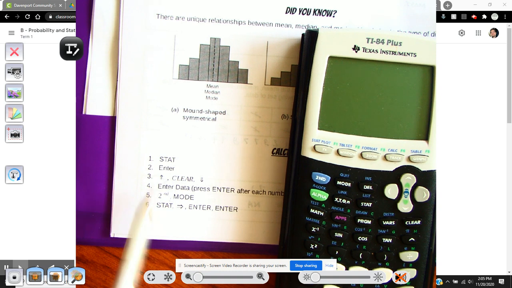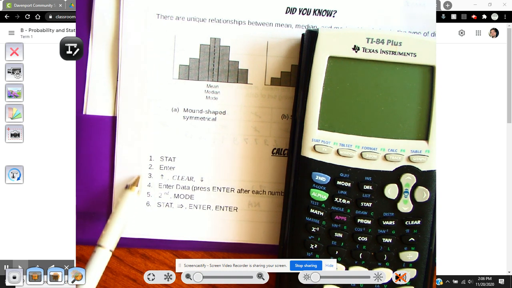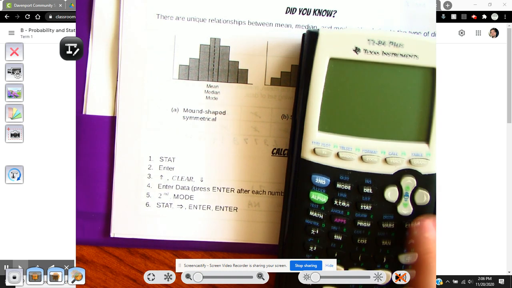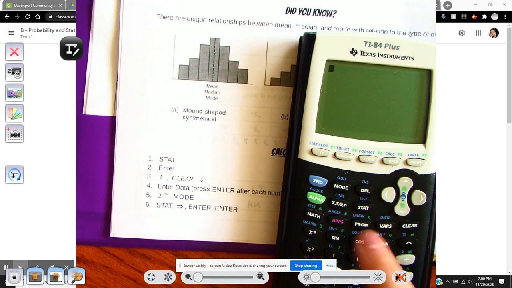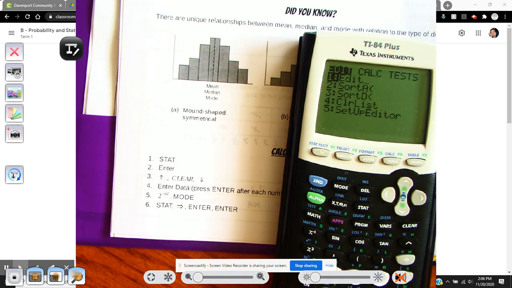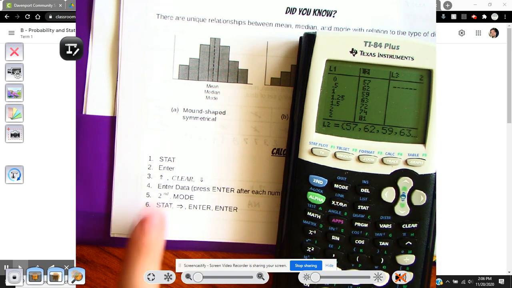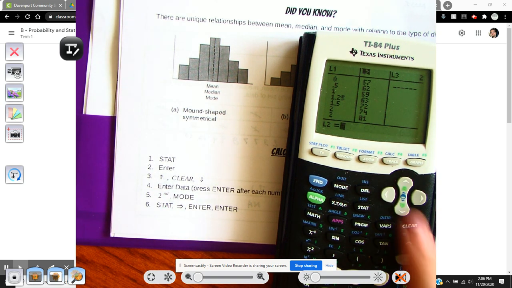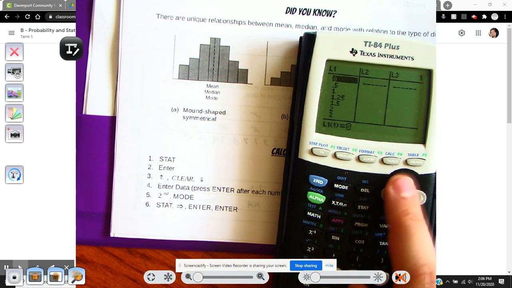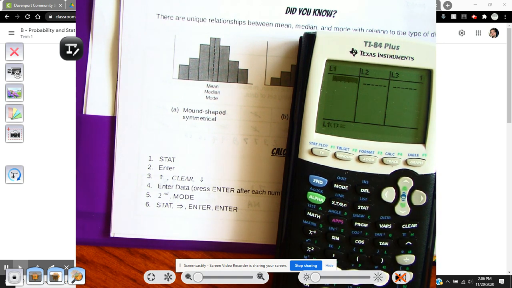Then you're going to hit enter. On my calculator, it's going to look a little bit different, but I can hit stat, and then I hit enter. And it says move up, hit clear, move down. And we want to do that for both of them. What that does is if you have any numbers in that list, you would clear it out. Then we could type in our numbers.